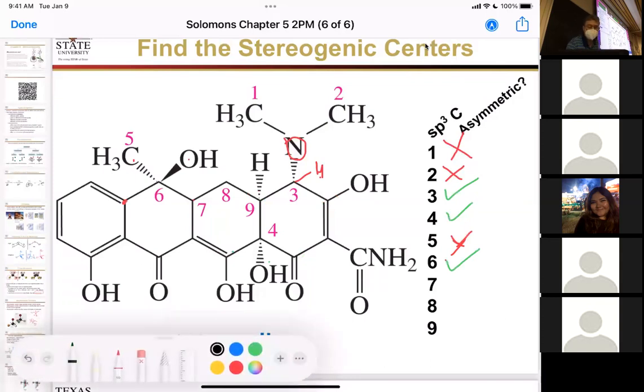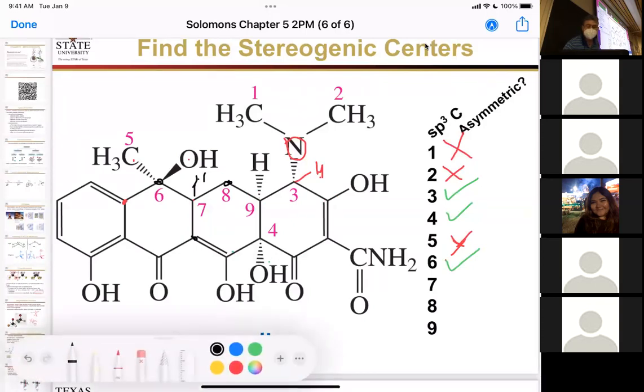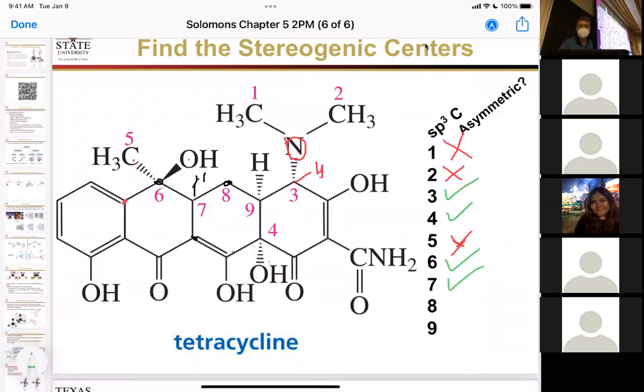Let's start counting again. Don't forget our hydrogen. The carbon with an oxygen on it, a CH2, and then this carbon has 4 carbon bonds. So those are all different, right? So that one's a yes.